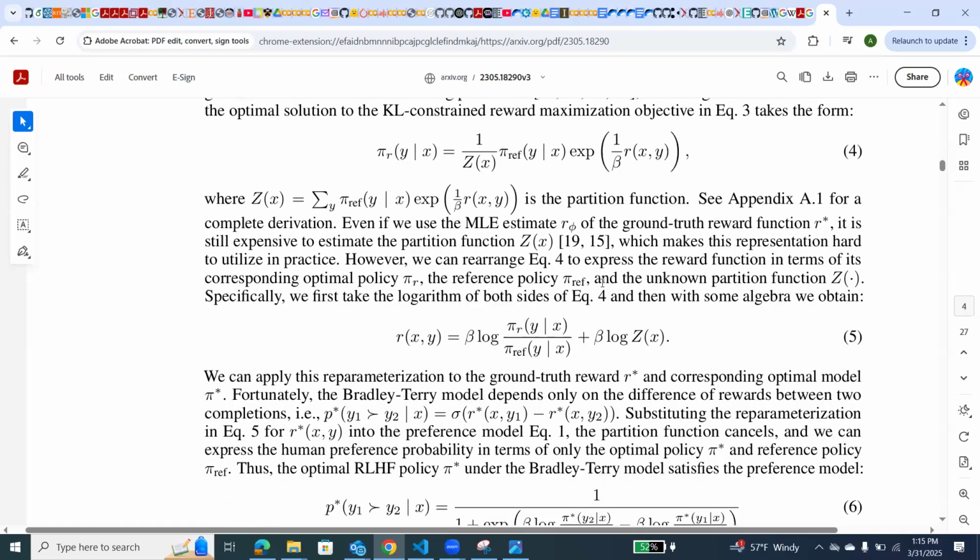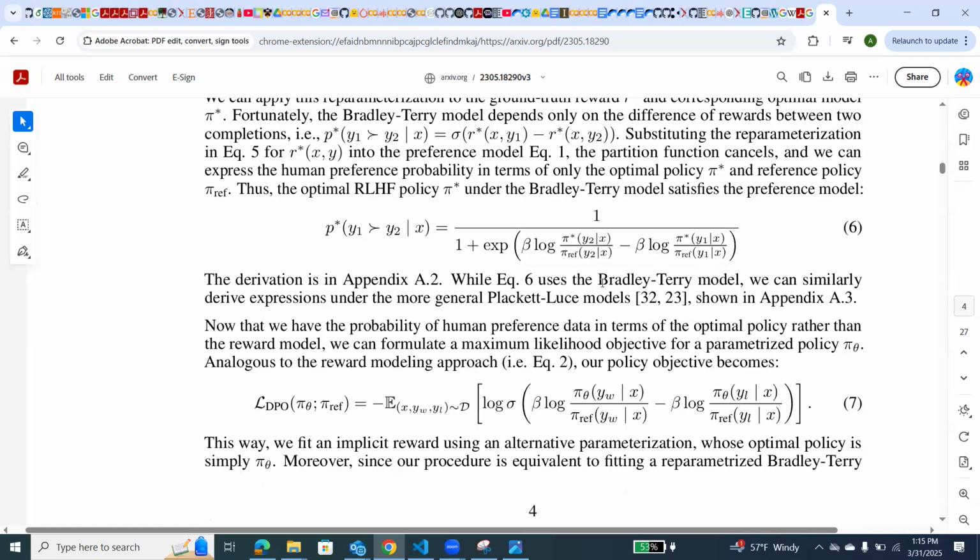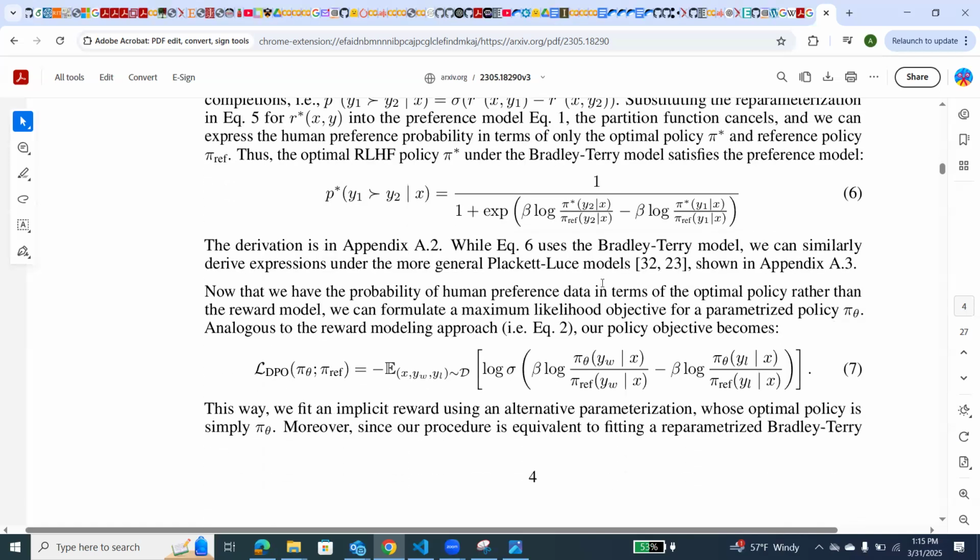And then the final formula is the sigmoid of R winner minus R loser. But now we don't need to use the reward model. We can use just the model we want to fine-tune and the not fine-tuned model.